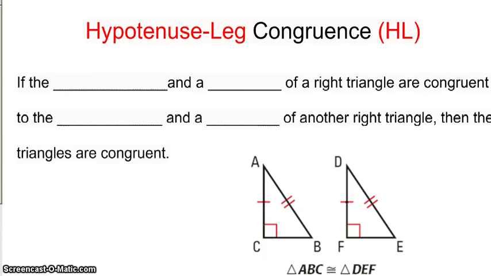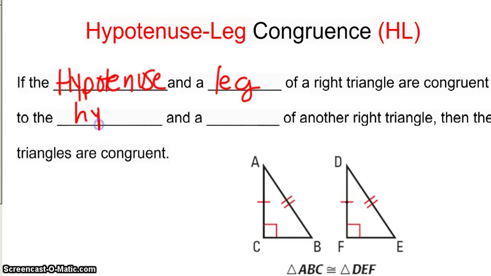The hypotenuse leg shortcut is short for hypotenuse and leg. If the hypotenuse and a leg of one triangle are congruent to the hypotenuse and leg of another triangle, then the triangles will be congruent.